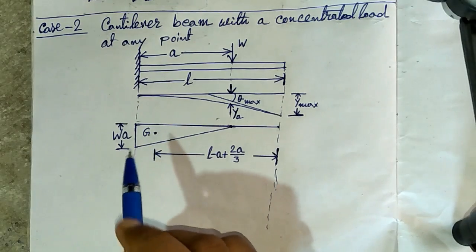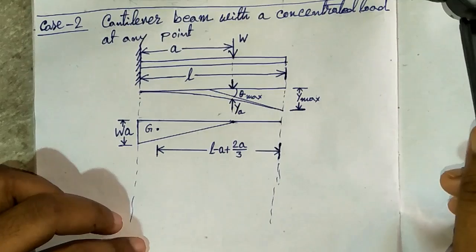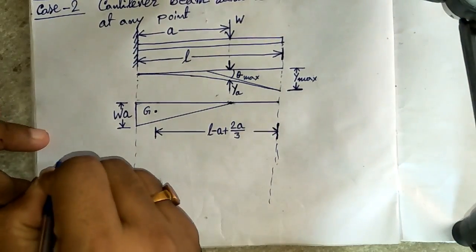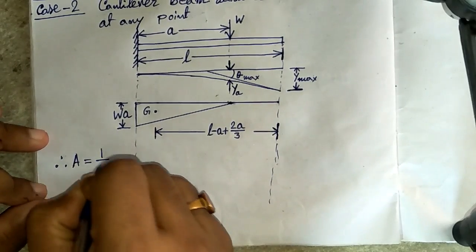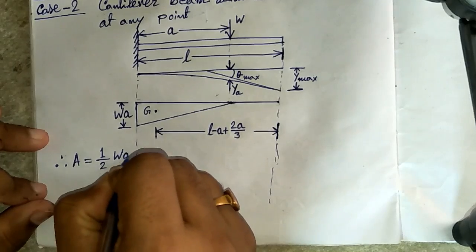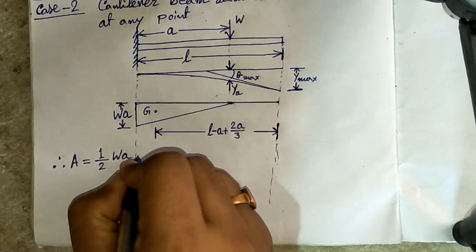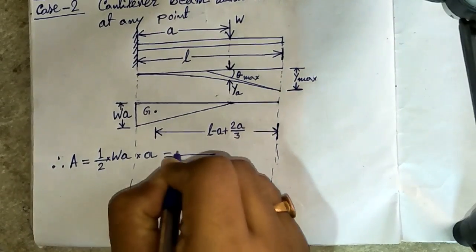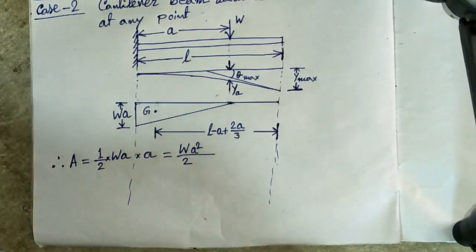So let's do this numerically. The area of the bending moment diagram is half into base, that is WA, into the length, that is A. So that becomes WA square by 2.